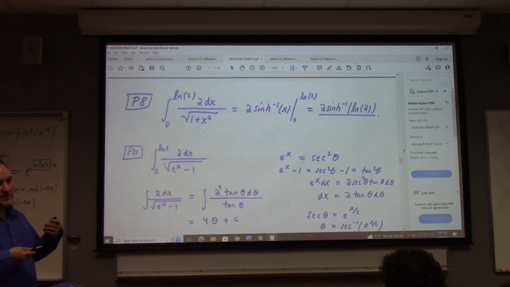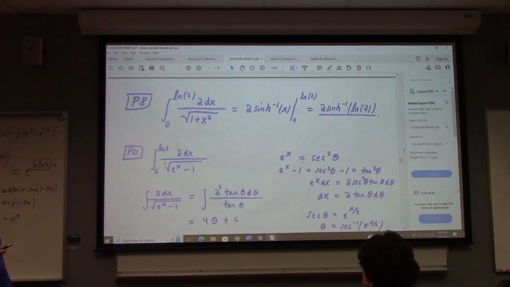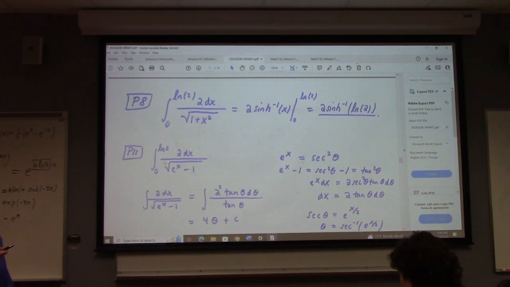The other way would be to make an x equals sinh phi substitution. Or you could make an x equals tangent theta substitution, I think, right? And if you did that, I think it becomes integral secant, so you could do it that way, right? But this is the easiest way, okay?